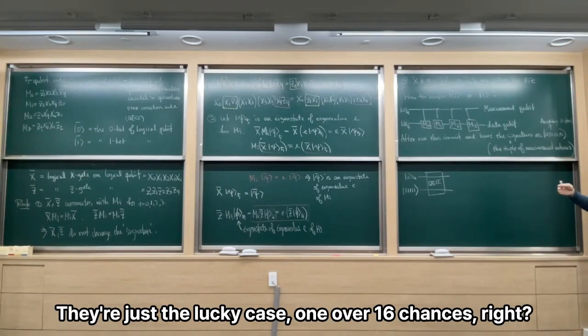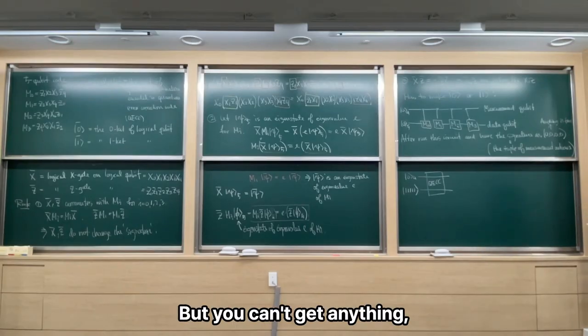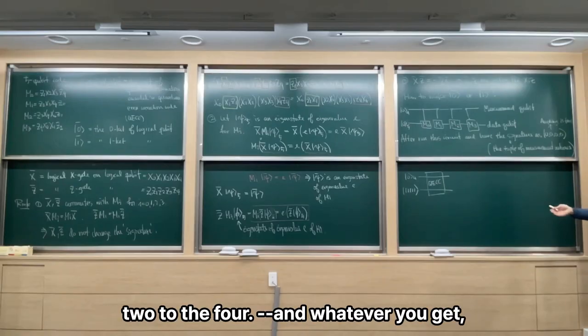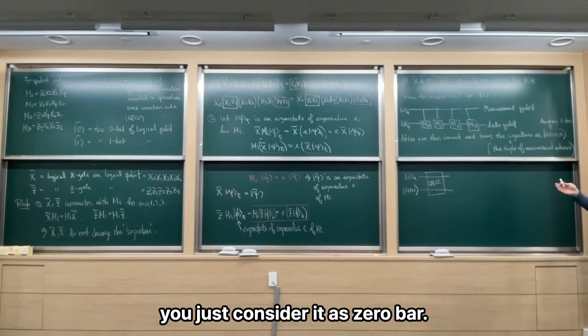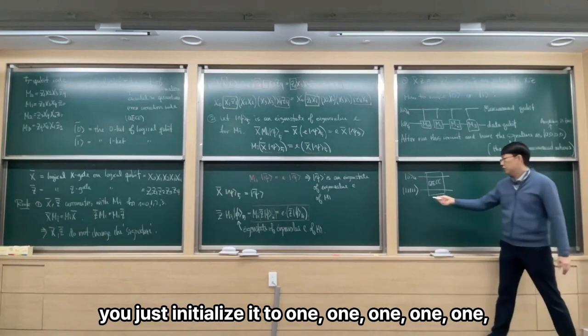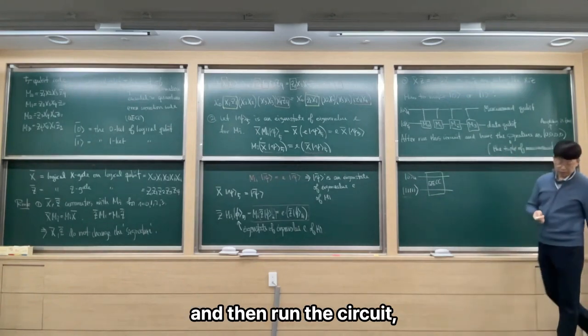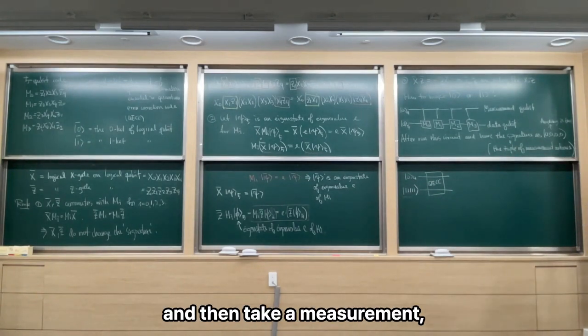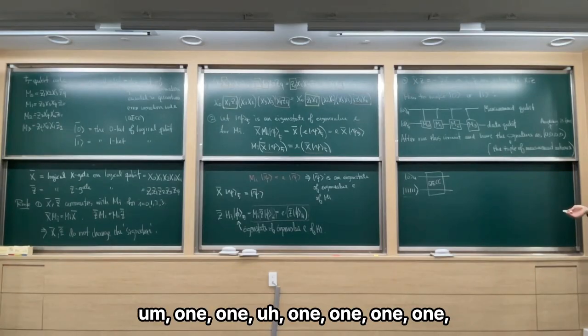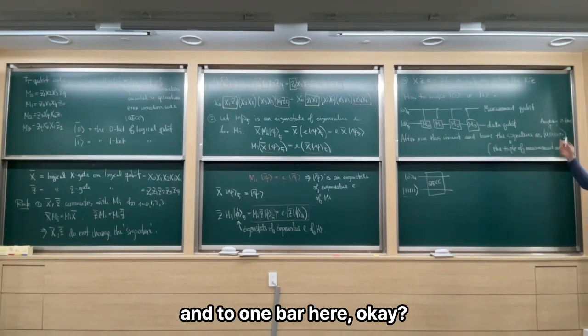That's just a lucky case, 1 over 16 chances, right? But you can get anything. There are 16 possible cases, 2 to the 4, and whatever you get, you just consider it as 0 bar. And same for here. You just initialize it to 1, 1, 1, 1, 1, then run the circuit, and then take a measurement, whatever that is, and you consider that as 1 bar here.